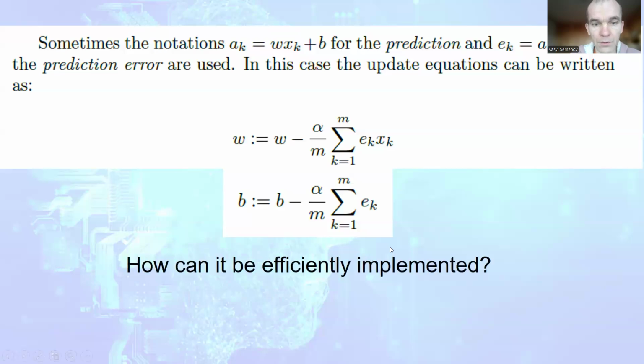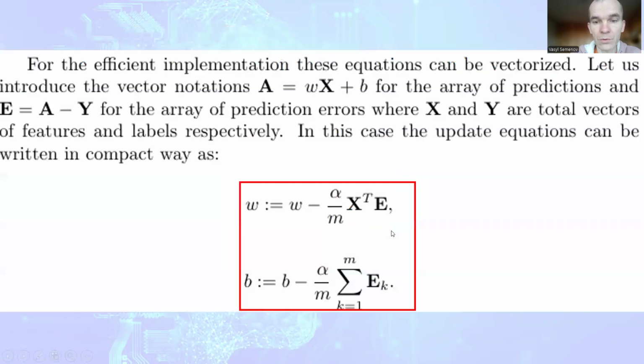So how can we efficiently implement these expressions? We can use vectorization for the matter of increasing the speed of computation. At every step, we can calculate the error, bold E, for the whole data set.